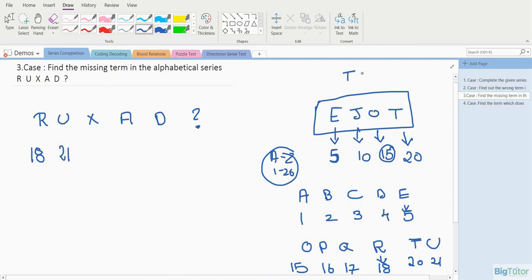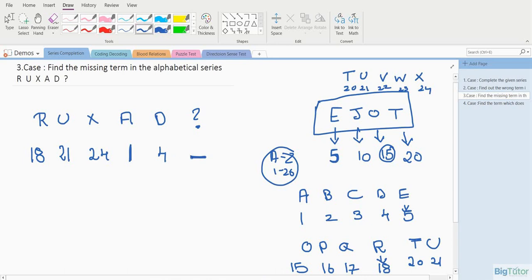So T, U, V, W, X. If T is 20, then 21, 22, 23, 24. So X is represented by 24. See how easily we are able to find the position of each alphabet. Coming to the next terms, A is represented by 1 and D comes just before E. Since E is 5, the value of D will be 4. And then we have the missing term.